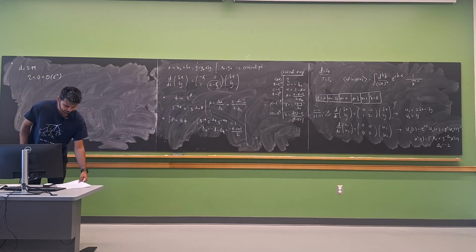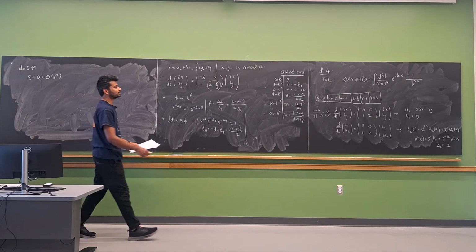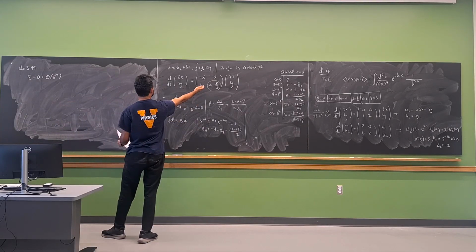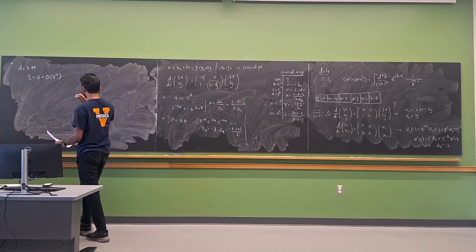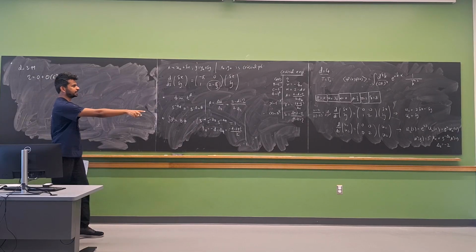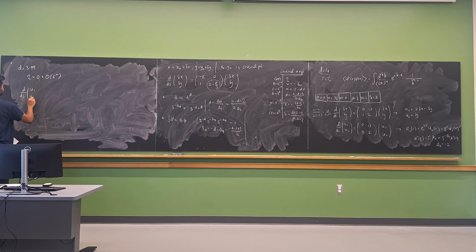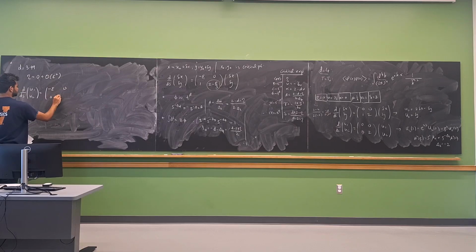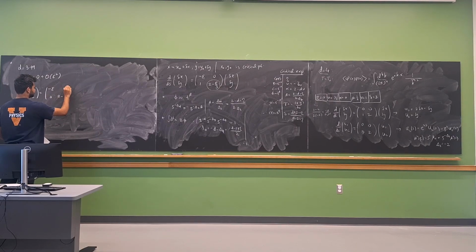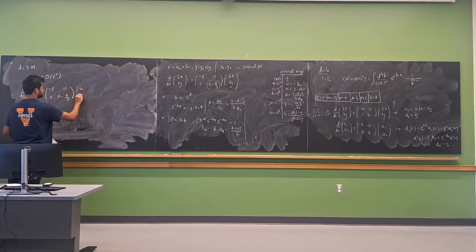Right. So the next thing we need to compute is delta t, which again comes from here. We can use the same change of basis and find that d by ds of u1, u2 is equal to minus epsilon, 0, 0, 2 minus epsilon by 3 times u1, u2.